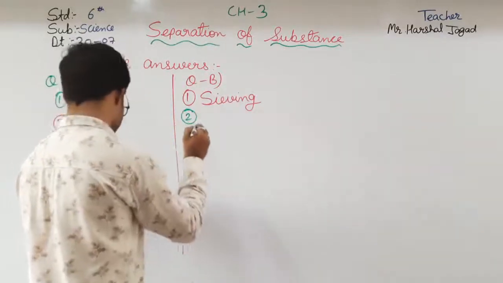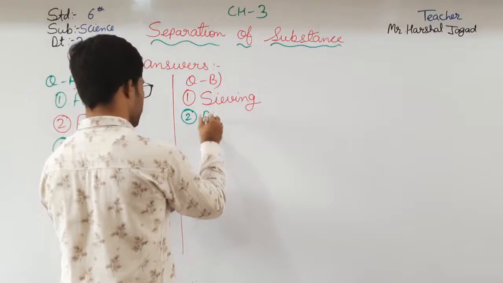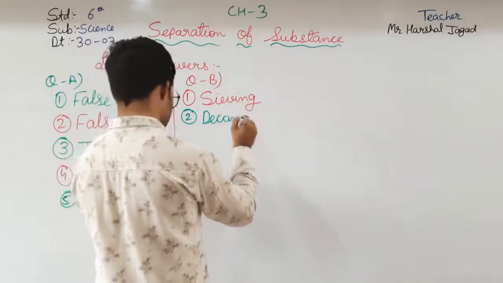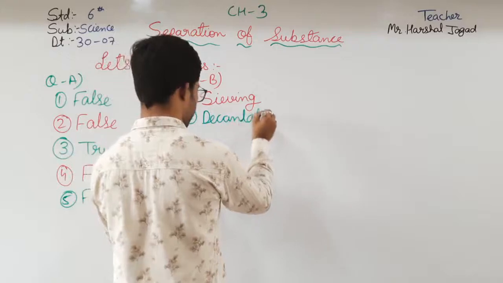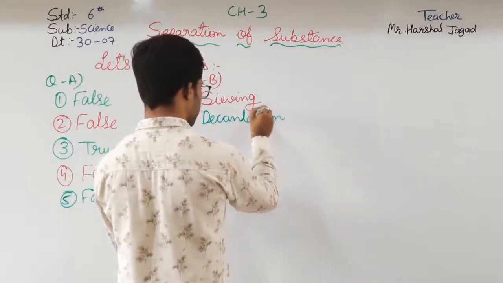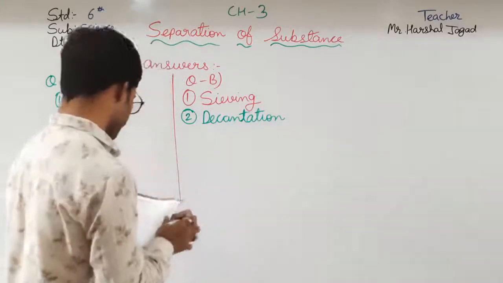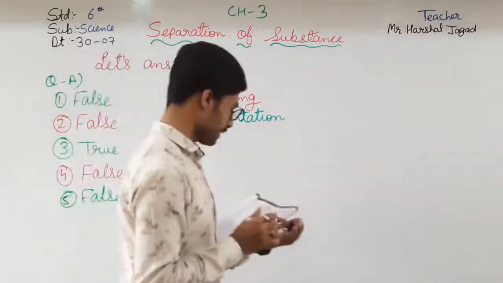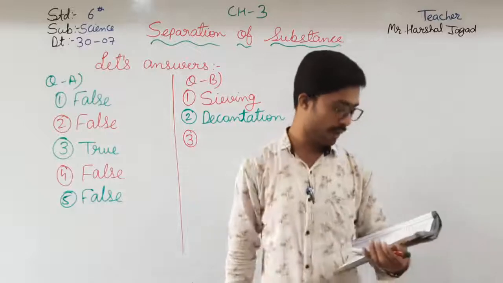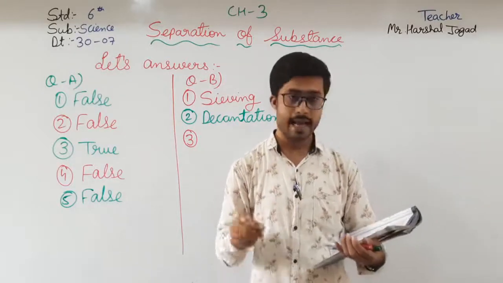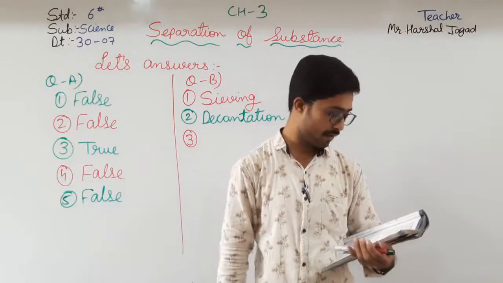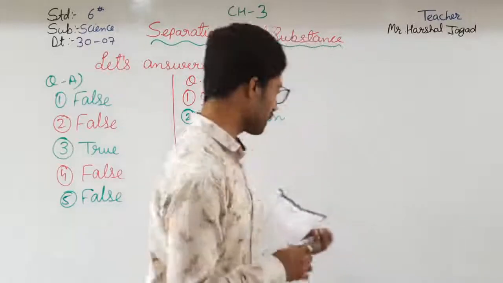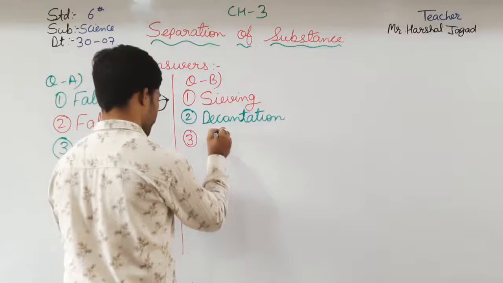Third: a filtering device should have holes that are dash the particles of the insoluble solid. So it should be smaller than that, not bigger.